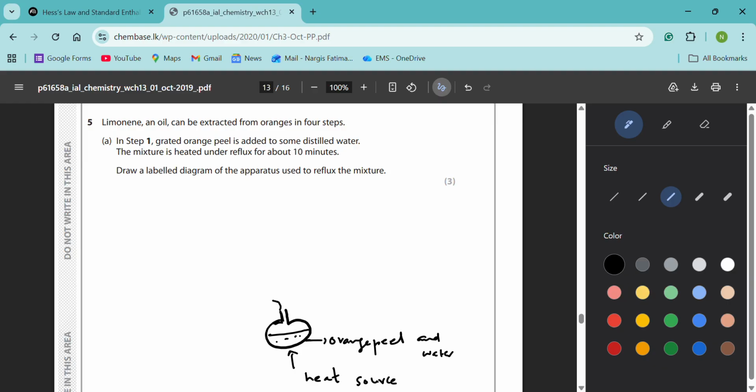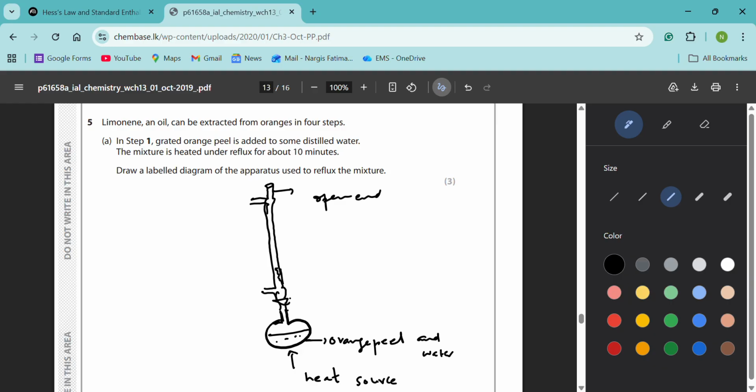You need to show the whole apparatus which is used for heating under reflux. So you need to draw the proper apparatus for this. Just keep in mind that I'm drawing a rough diagram.